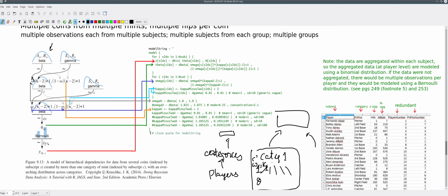Similarly, the kappas, so kappa 1 for the first category, kappa 2 for the second category, all of these are modeled based on a gamma distribution with a given value for the shape and the rate parameters.